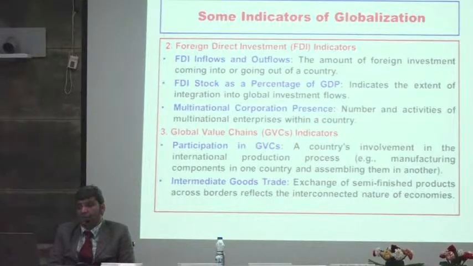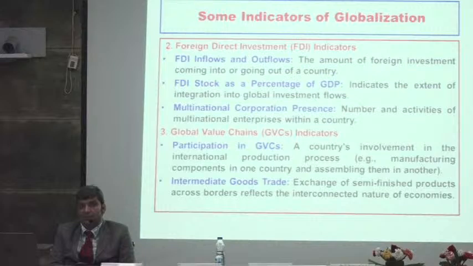Global value chain indicators. Participation in global value chains. If in a country production process is taking place in different countries, we are manufacturing the cars in India, but some step of processing is out of India, then we can say that this is a participation in global value chains for the same product.